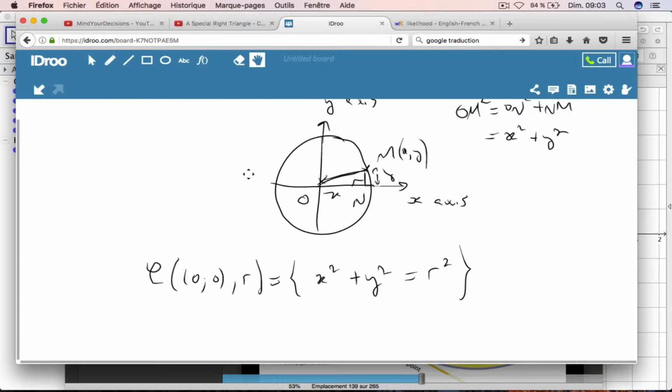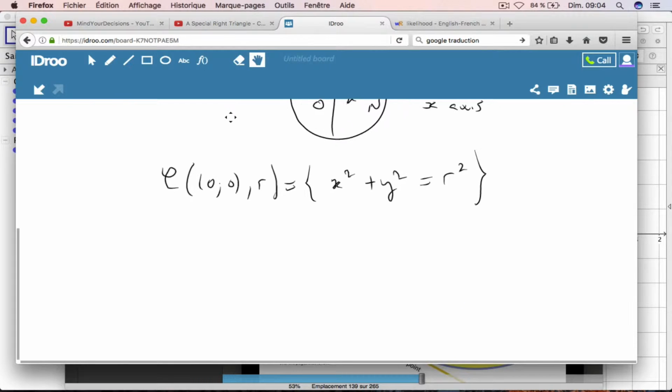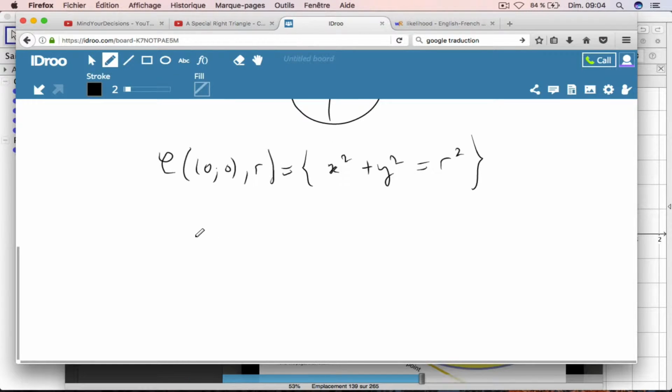We got it. Okay, so we can compute the perimeter. The perimeter is 2 times pi times the radius, and the area is pi times the radius squared.